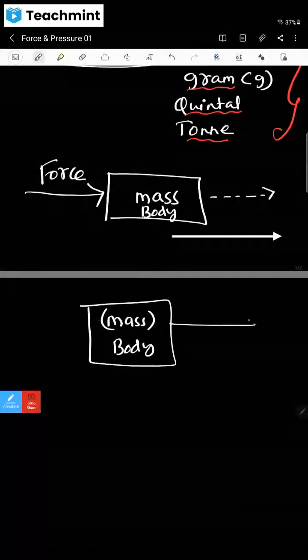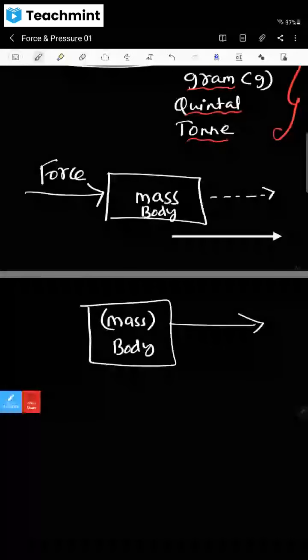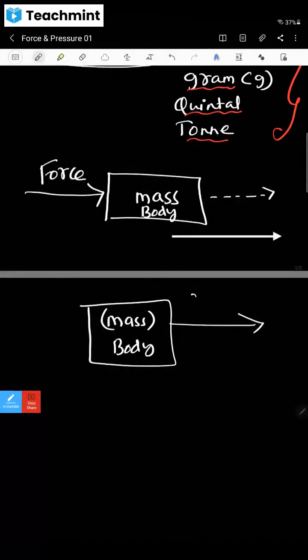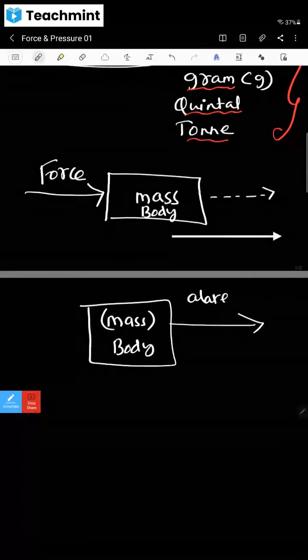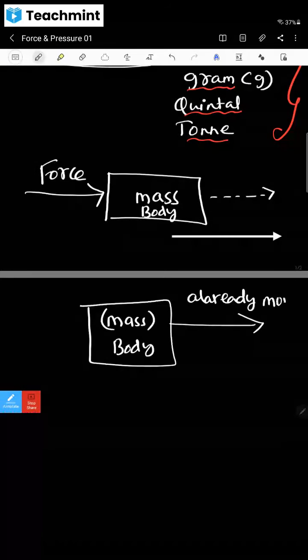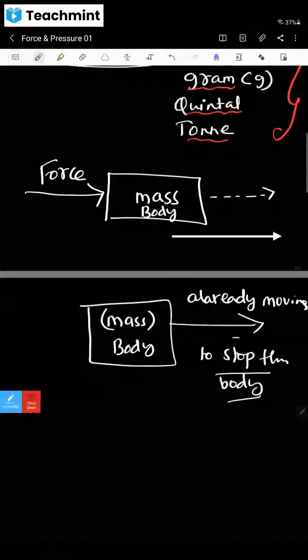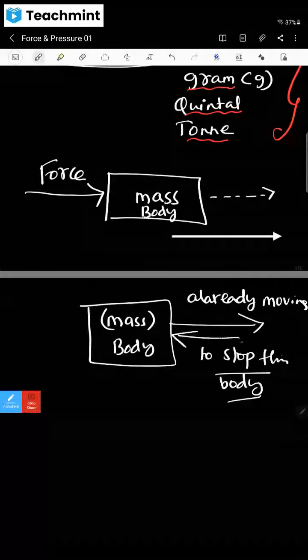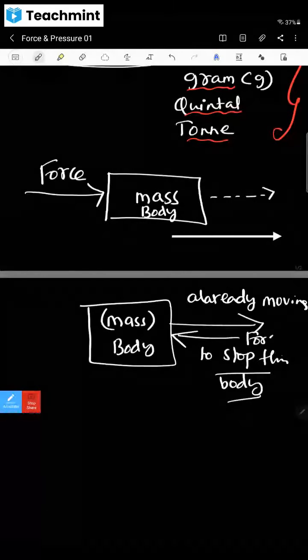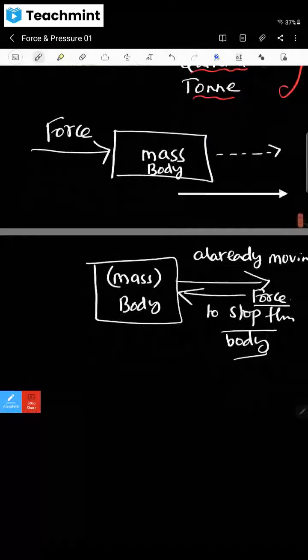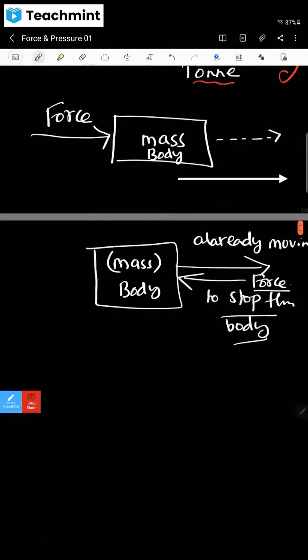To stop this body, don't you think I have to apply some force here? Are you understanding my point?